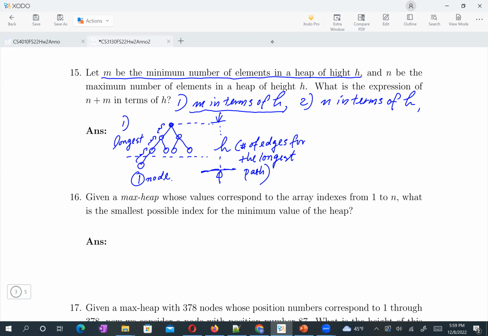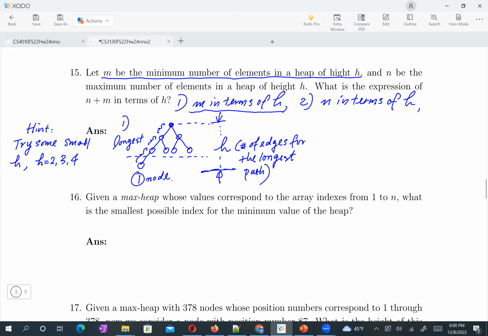Let me give you one more hint to answer this question. That's the strategy we used a few times before. You can try some small h, for example h equals 2, 3, 4.